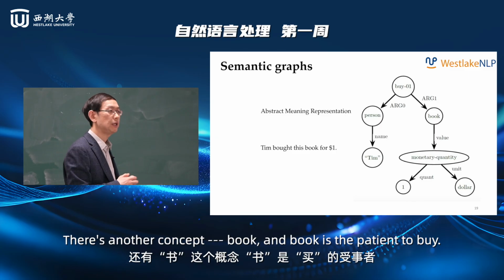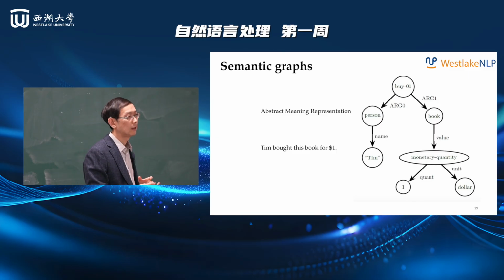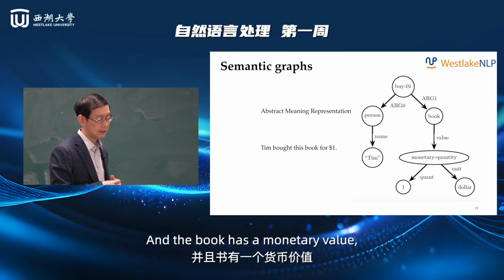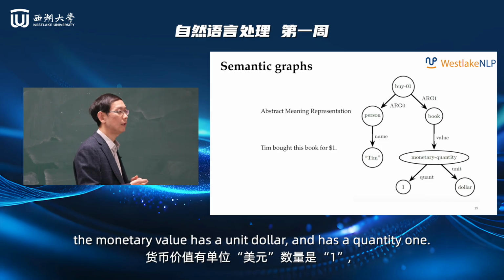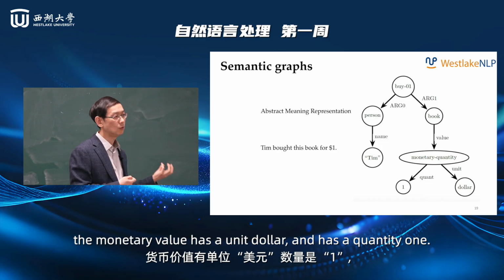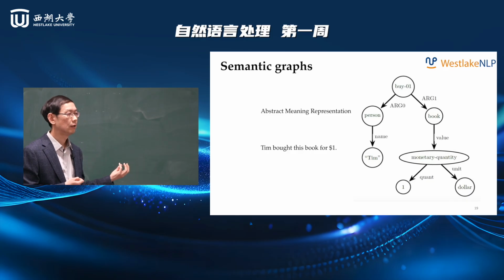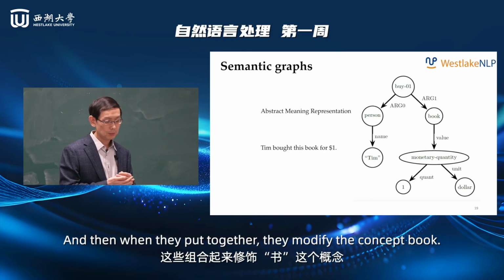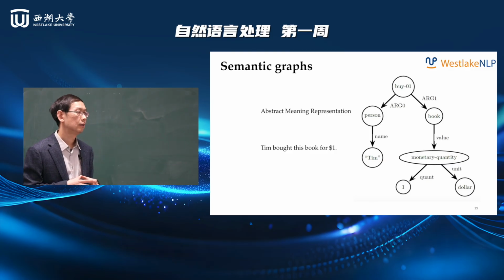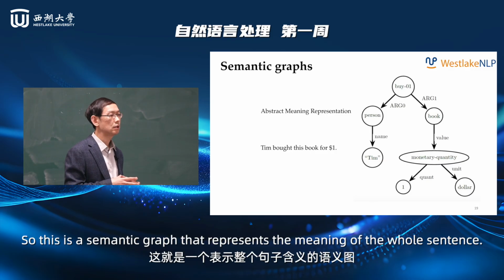And book is the patient to buy. And the book has a monetary value, right? The monetary value has a unit, dollar, and has a quantity 1, all right? And then when they put together, they modify the concept of book. All right, so this is a semantic graph that represents the meaning of the whole sentence.